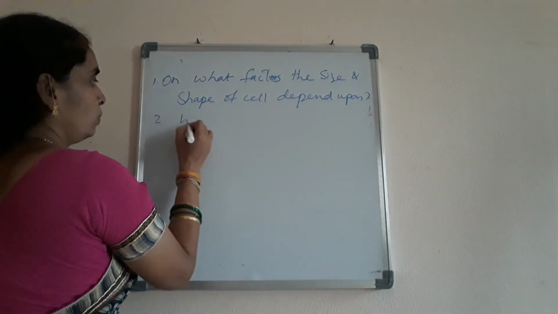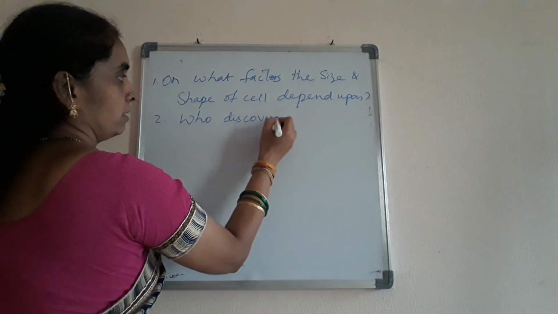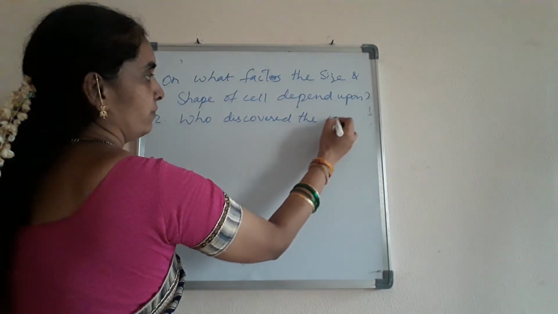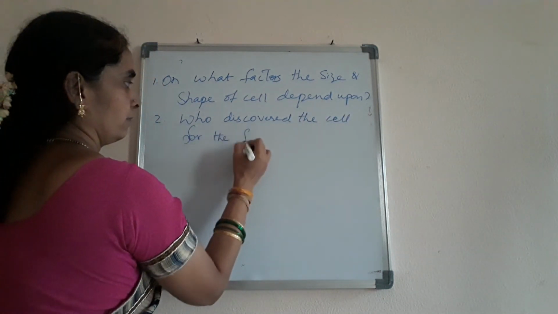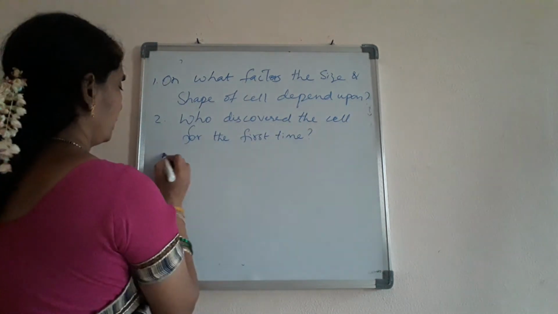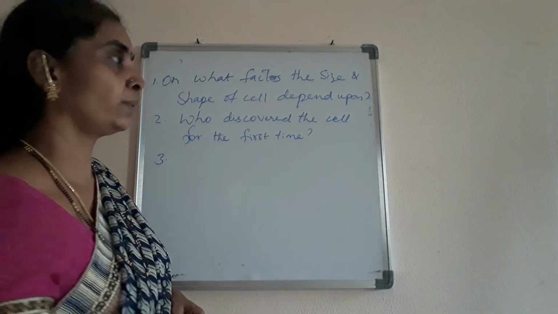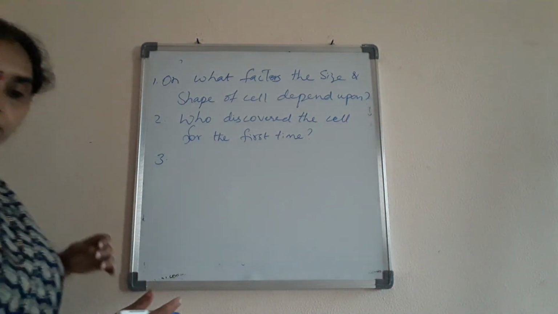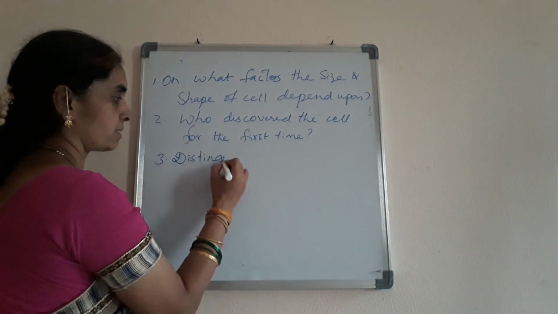Second question, who discovered the cell for the first time? Next, the third question: distinguish between unicellular and multicellular organisms.